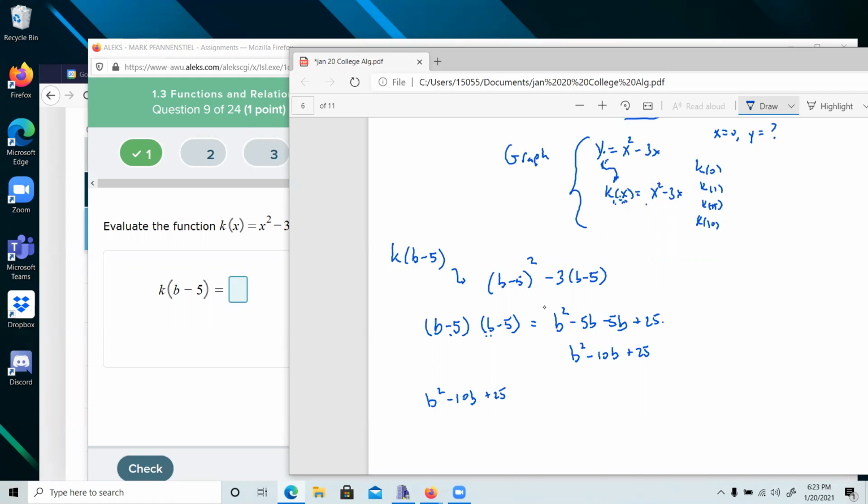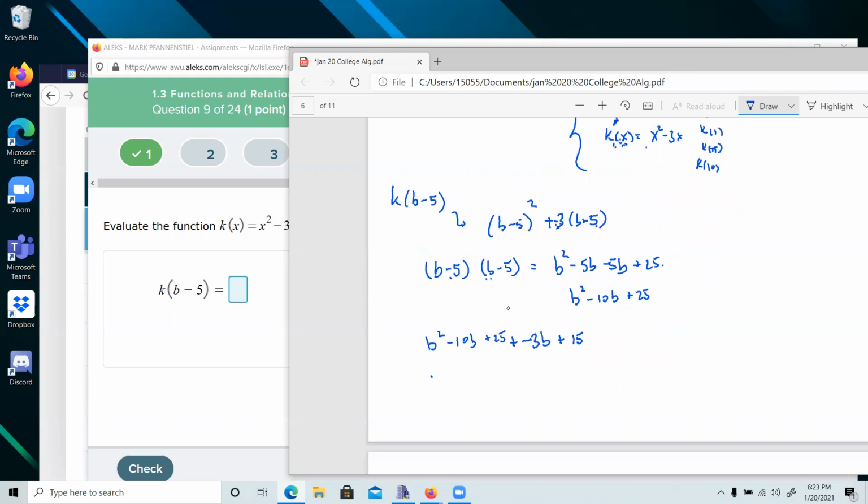And then we have to deal with this. But remember, this is really a plus negative 3, right? There's a better way to think about it, because when we go through to multiply this out, I don't want to have to keep track of that negative sign. So this is going to be negative 3 times b, so that's negative 3b. And we have negative 3 times negative 5, and that's going to give me a plus 15.